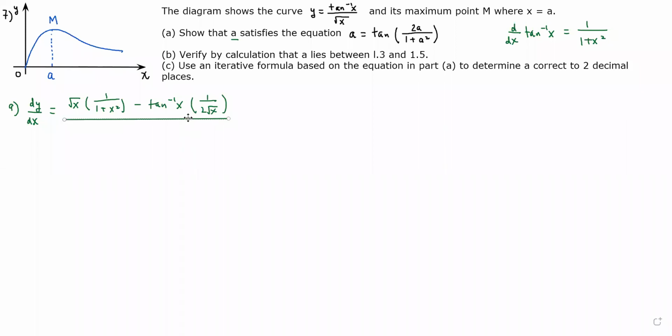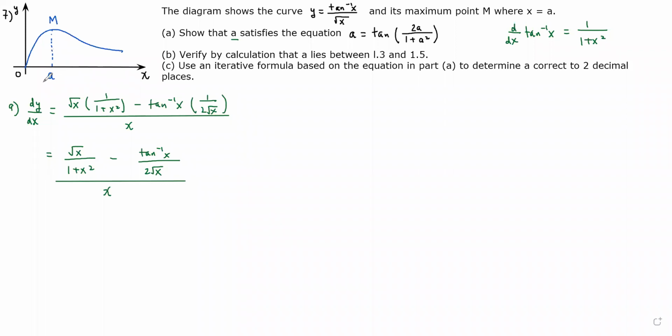This is all over the square of the denominator, so we square the square root of x, which is x. We can write this as square root of x over 1 plus x squared, minus arctangent of x over 2 root x, all over x. x equals A when dy/dx is 0.